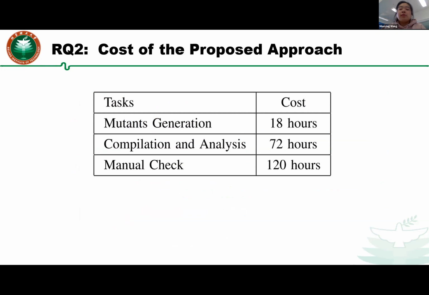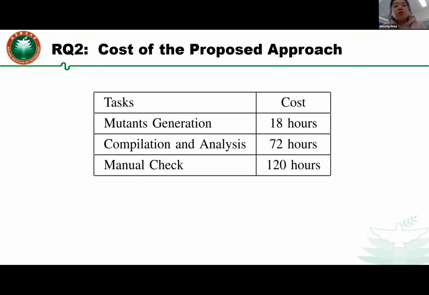Research question 2 is about the cost of our approach. We use only 18 hours to generate nearly 520,000 mutants. On average, it takes less than 0.1 second to generate a single mutant.